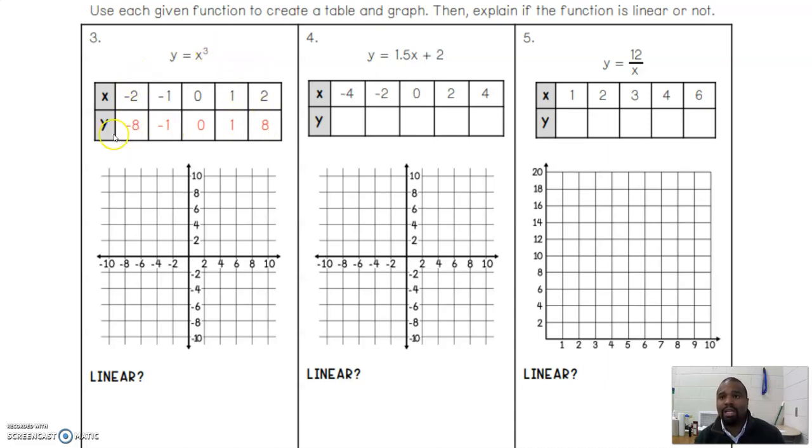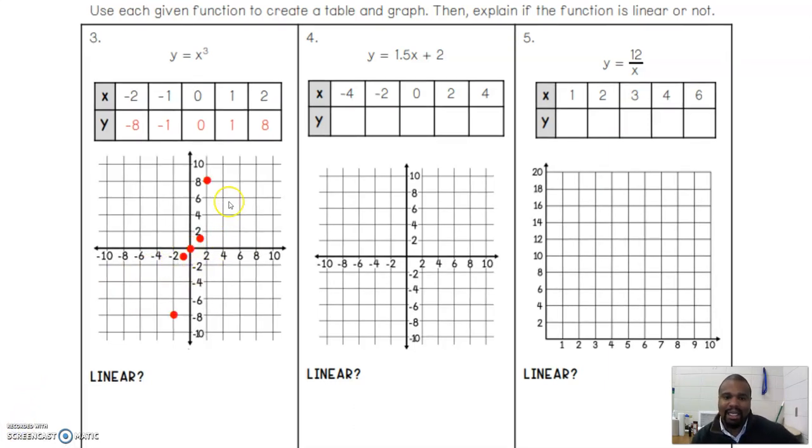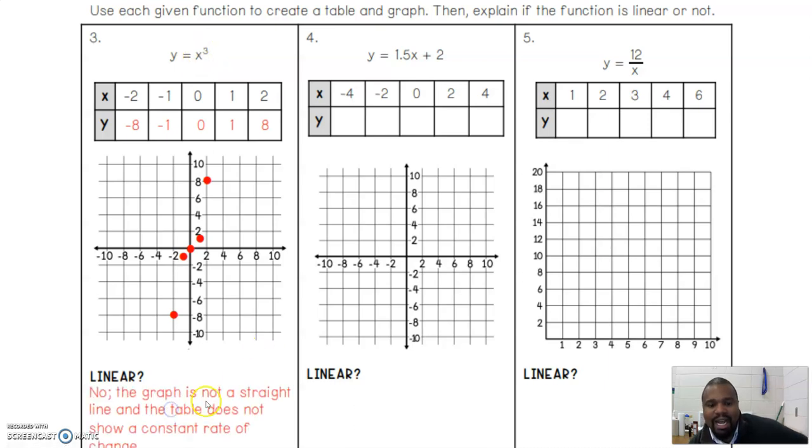So this is our table, and if I were to plot these on a coordinate plane, it will look something like this. Now, if you look, this is not a straight line, so it's not a constant rate of change. It's not in the format of y equals mx plus b, because you have x raised to the third power. This is not a linear function.